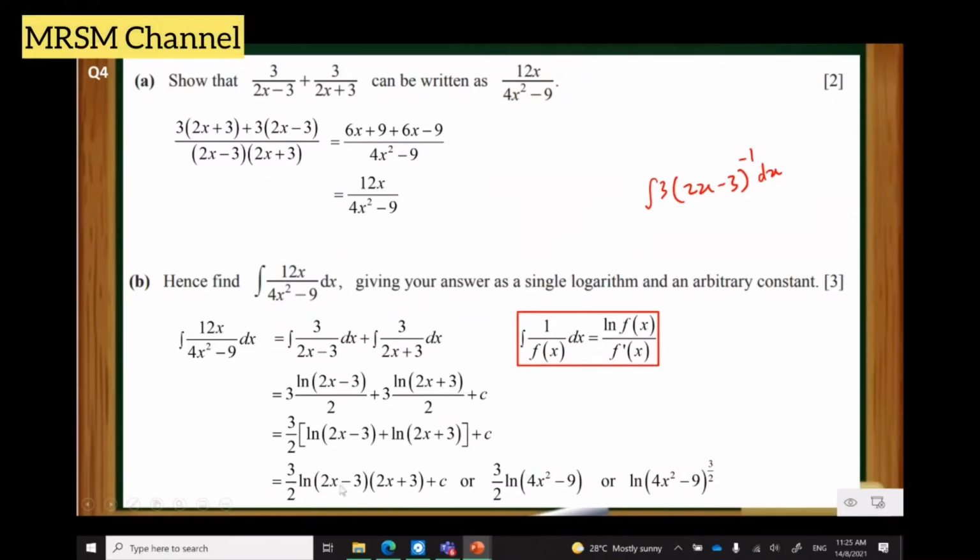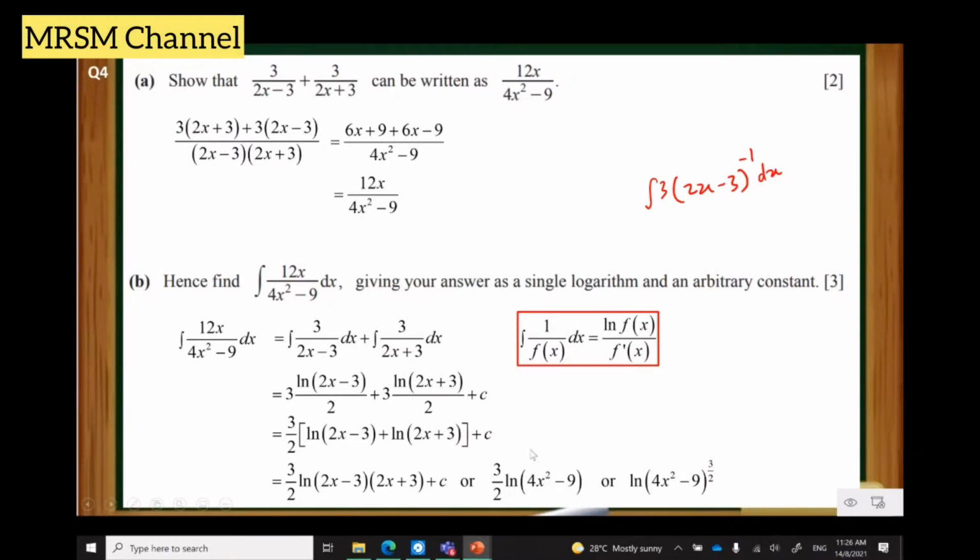Okay, dia akan jadi multiply. So dia akan jadi 3 over 2 ln 2x minus 3 2x plus 3 multiply. Okay, plus c. You leave your answer as this or kalau rajin expand yang ini dapat yang ni balik for x square minus 9 tapi 3 over 2 still lagi dekat depan.